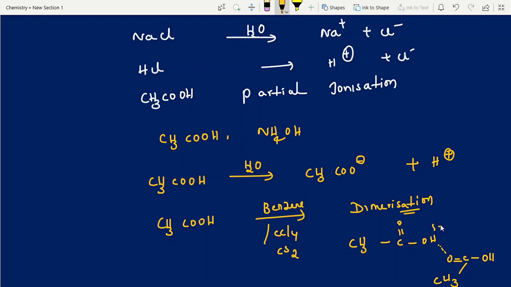This is plus, this is minus. This is minus, this is plus. So intermolecular hydrogen bonding.